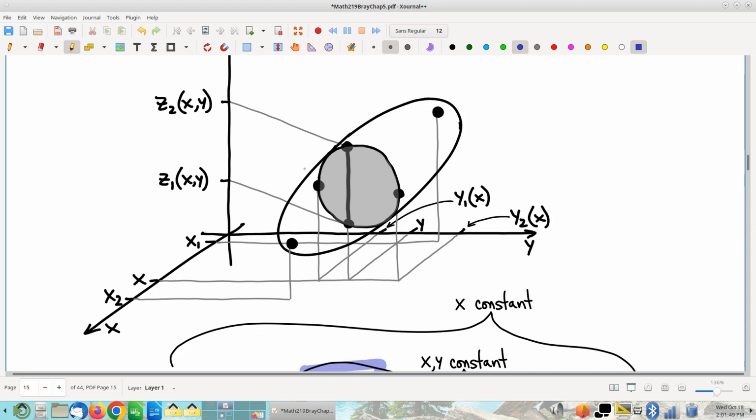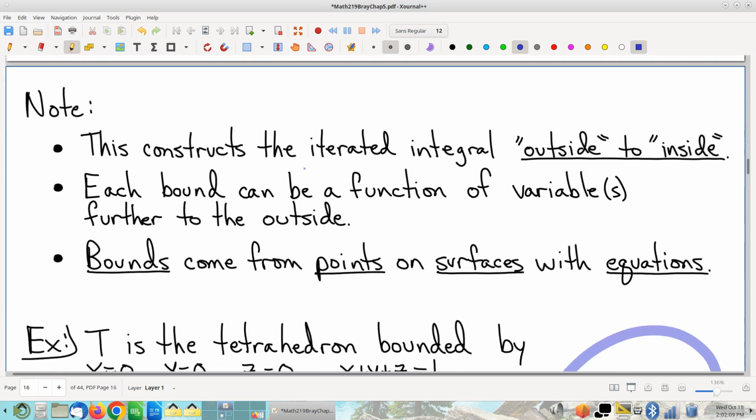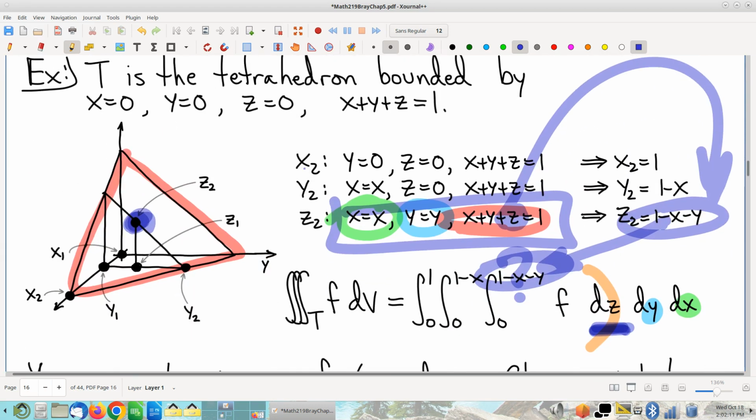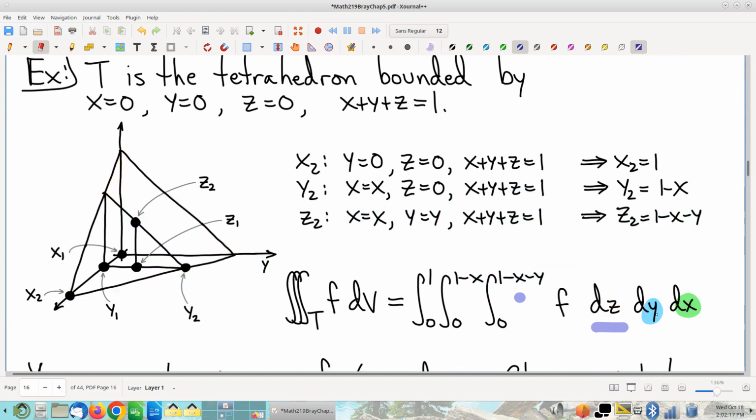Some point over here just isn't what I'm looking for. It doesn't get at the shape of the domain. Does that make sense? So it's for a specific point x, y. That's right, exactly. So how my z bounds are functions of x and y, how they depend on x and y. That's right.